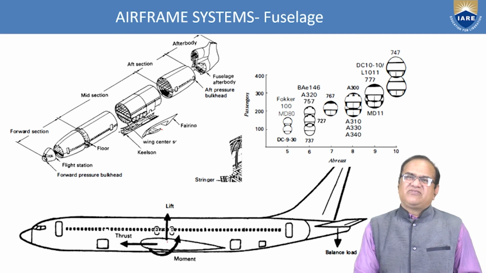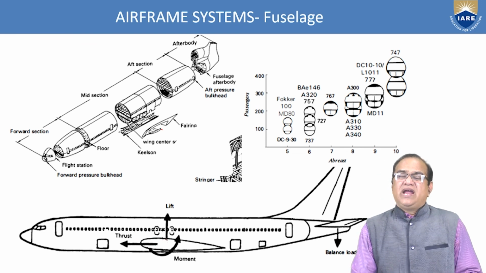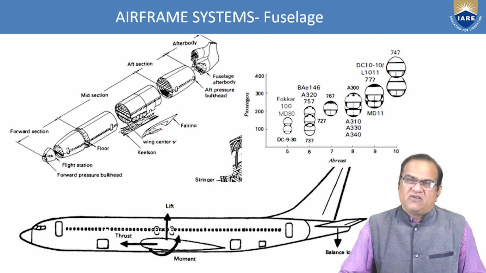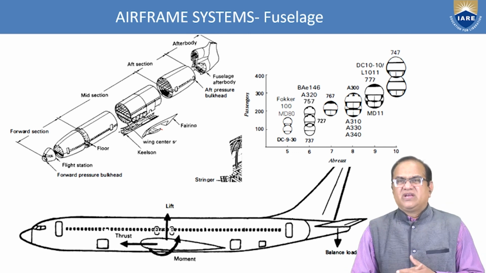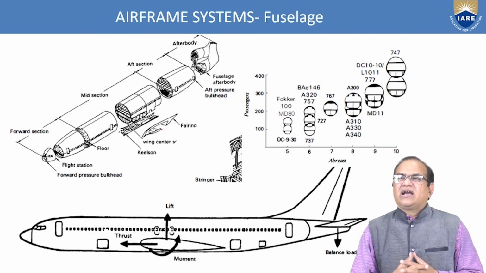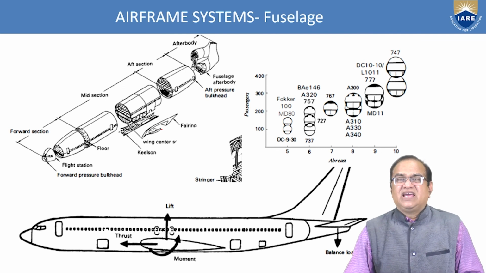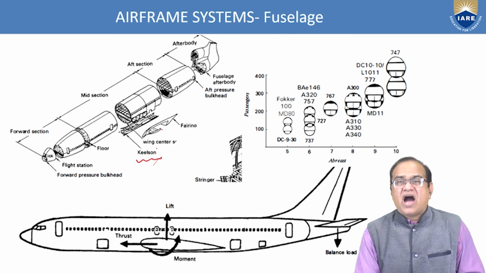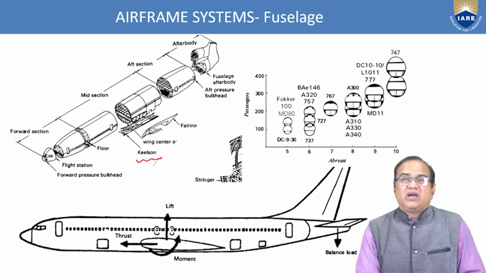Even the whole body contributes, but the engine is mounted on the wing, and the landing gears are also fixed on the wing. Wings should be very tough, very hard and very strong, because most of the loads come from the wing. So it is fixed in the keelson. It is shown here. This is the keelson, the highest, toughest, strongest point on the aircraft, where your wings are mounted.